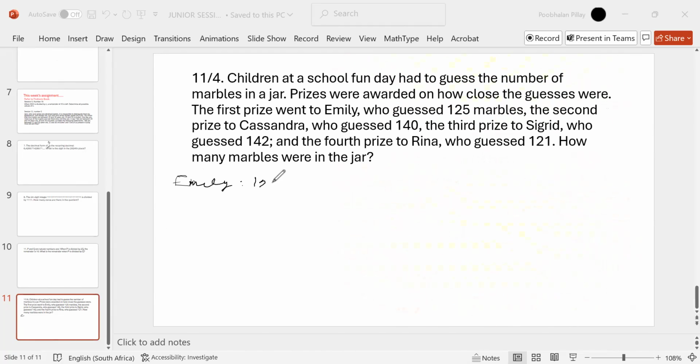Emily said 125 marbles, and she came first. The second prize went to Cassandra, who guessed 140. Let's call her Cass. So she said 140. She was second.